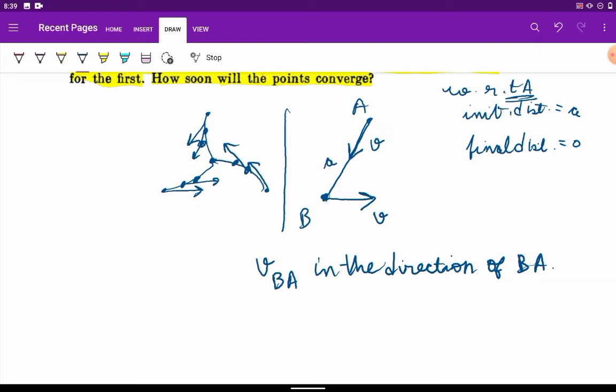In the direction of BA, I'll again draw it. So this is 60 degrees, like an equilateral triangle.